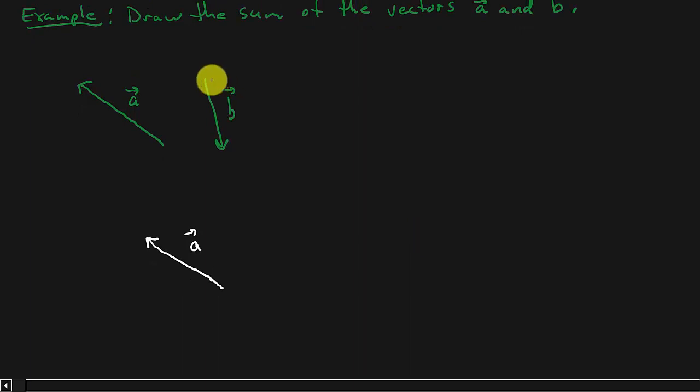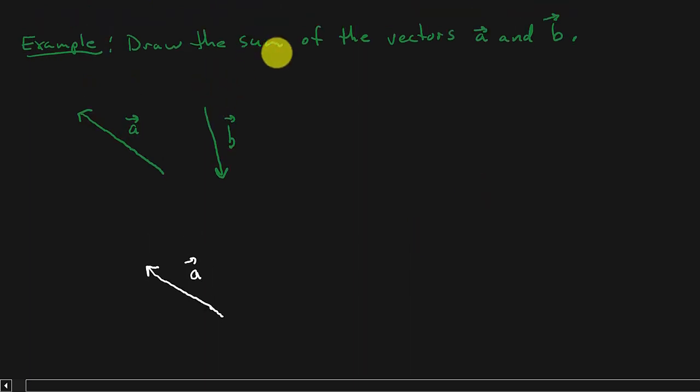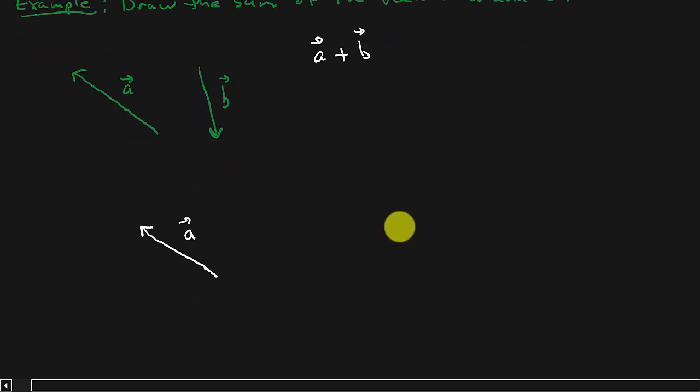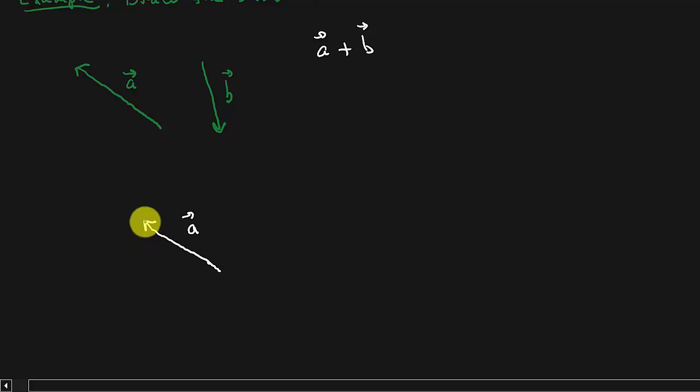We're looking for the sum, A plus B. So what we do is we take the initial point of vector B and put it at the terminal point of vector A. So I'm going to take this initial point, put it right here, and draw the vector. This is vector B.